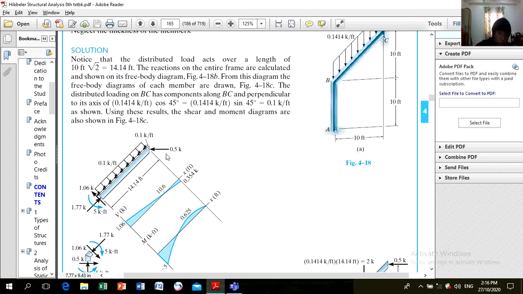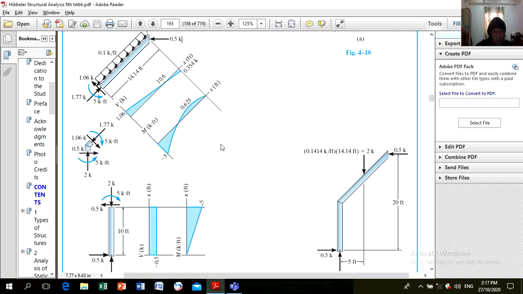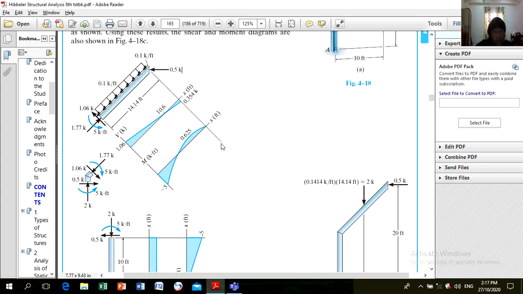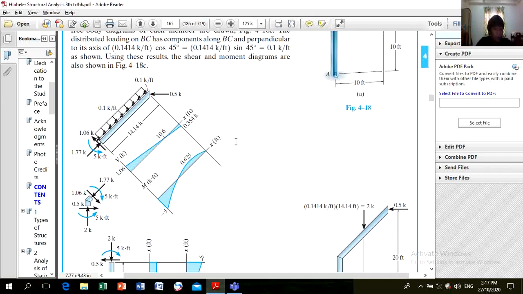So when we project this one, this will be 0.5 cosine 45, and sine 45 times 0.5. Sorry, I need to check my calculator first.